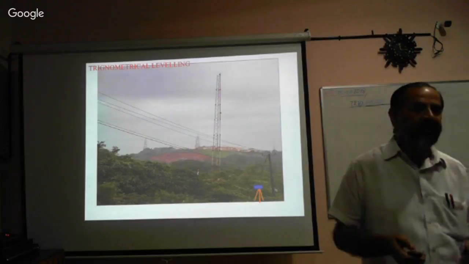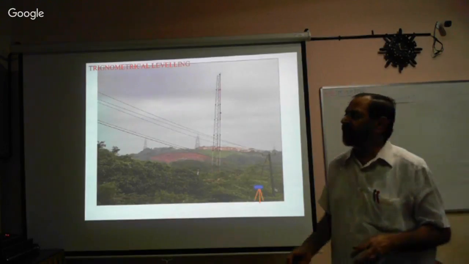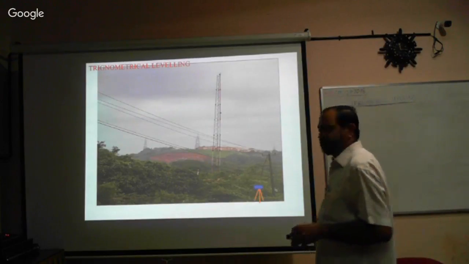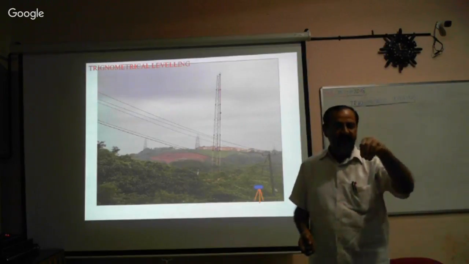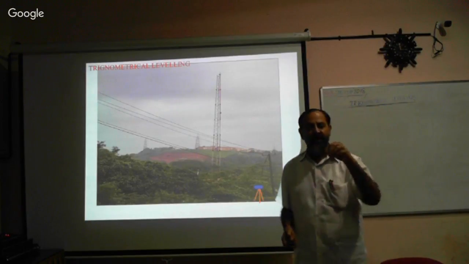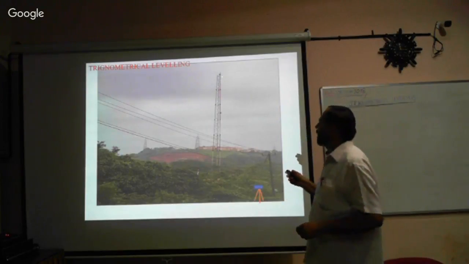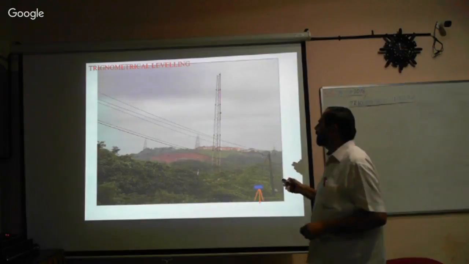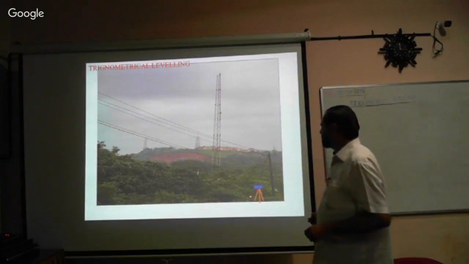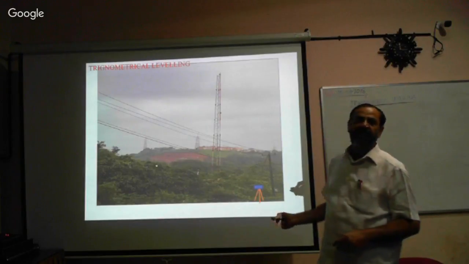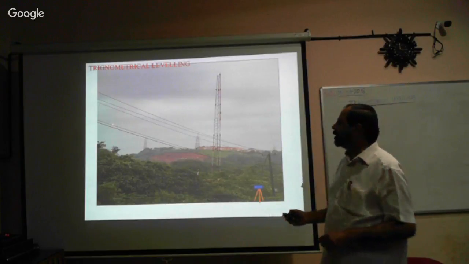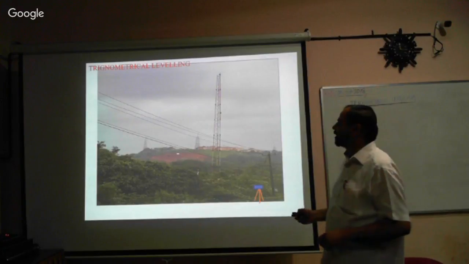That is how we can calculate in trigonometrical leveling. Mainly we are dealing with calculating the elevation of the object, and the distance from the instrument station to the object. And also the distance between the faraway objects is possible.